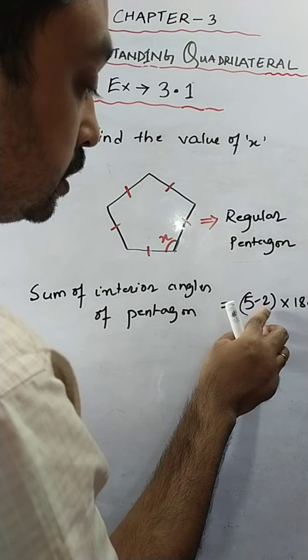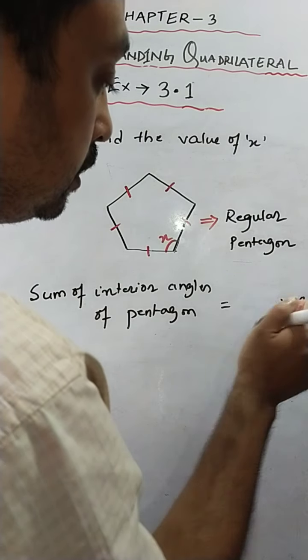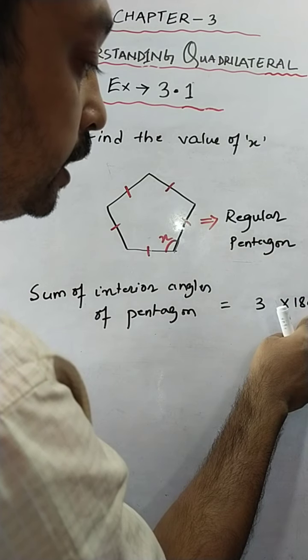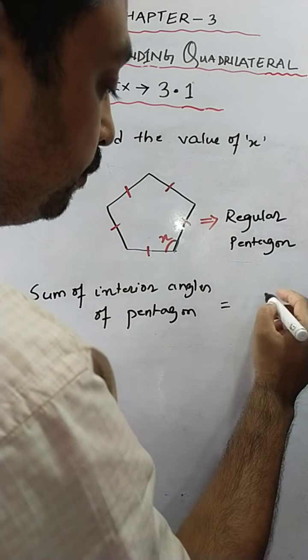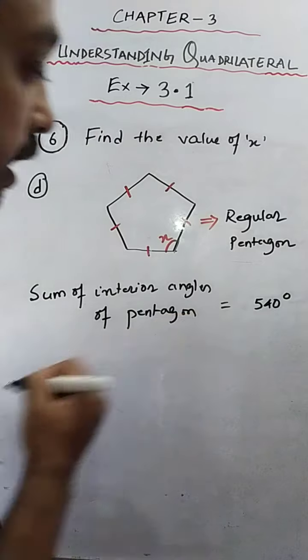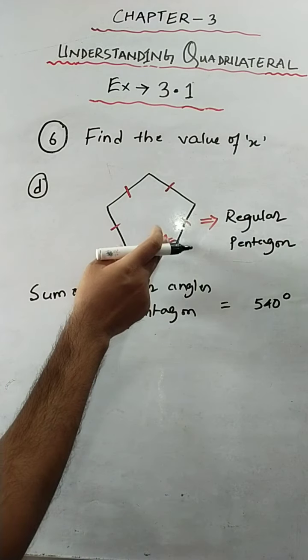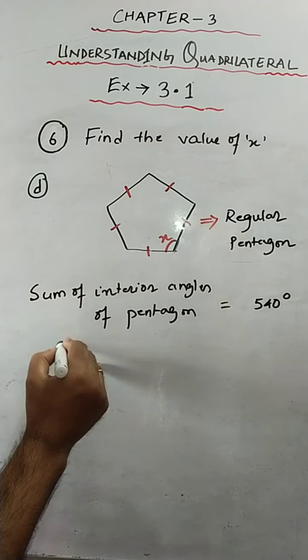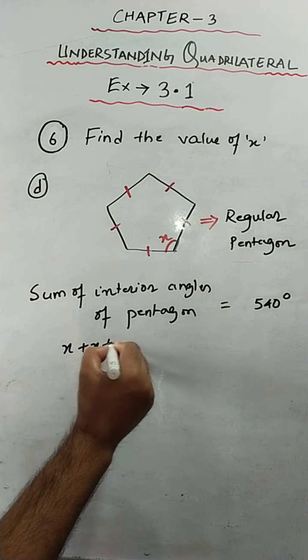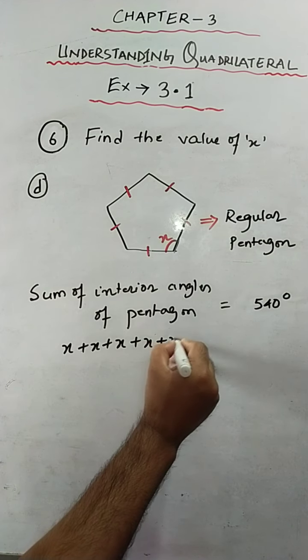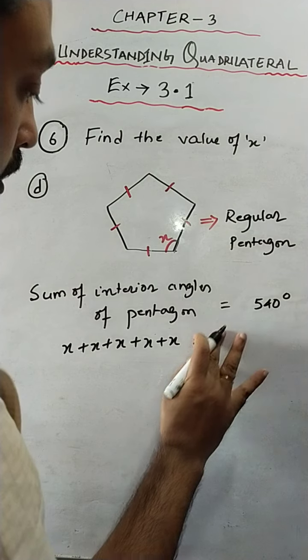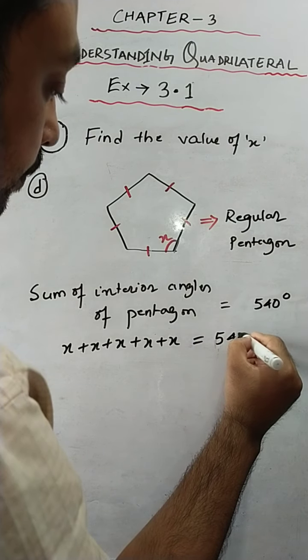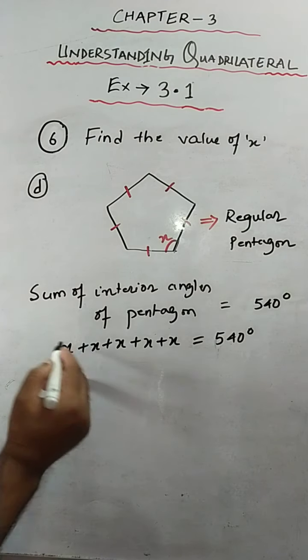So 5 minus 2 is what? 3, isn't it? And 3 into 180 degrees is what? 540. Understood how this 540 came? Now as all the angles are equal, so we'll write x plus x plus x plus x plus x equals to 540 degrees. 5 angles and all the angles are similar.